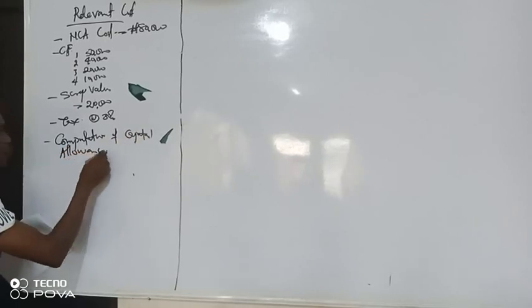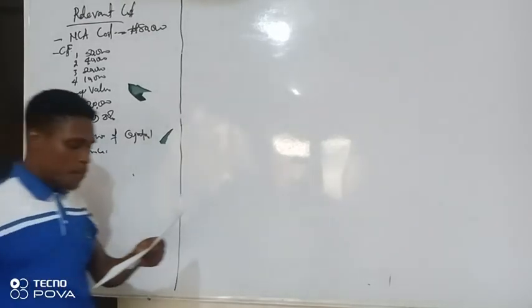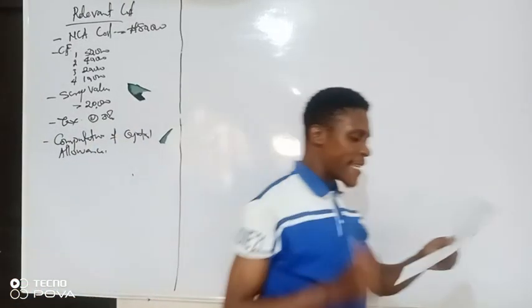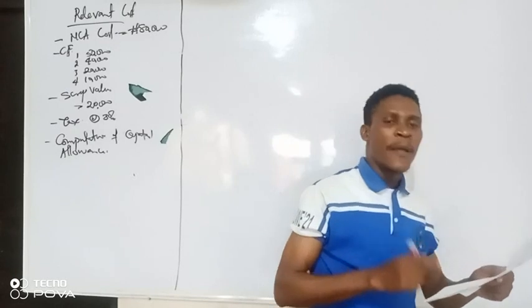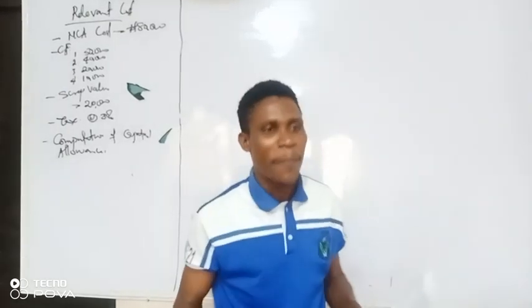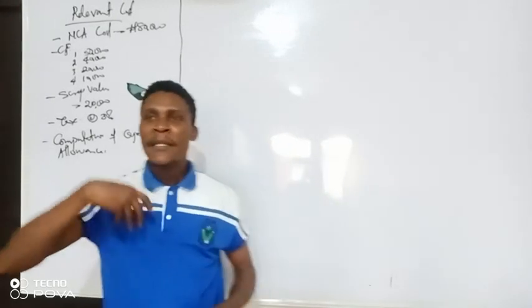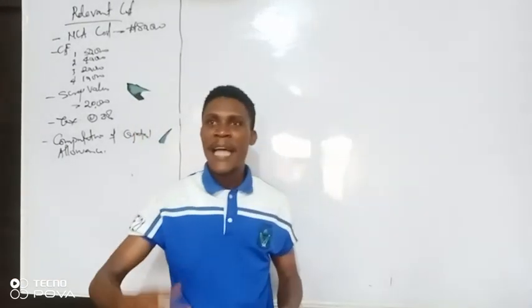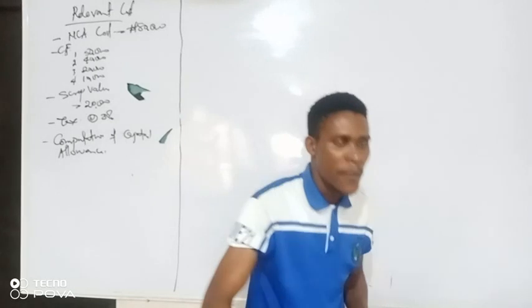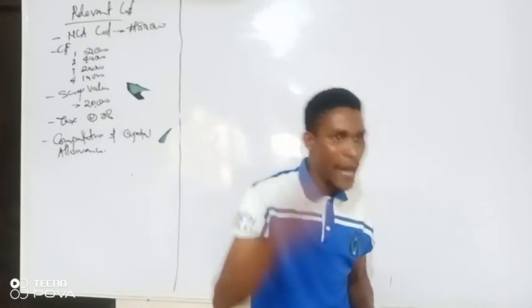From the question, how do we do the capital allowance? Capital allowance is claimed at 25% by the reducing balance method. I'm asking the method we use for capital allowance here: it is on reducing balance basis.